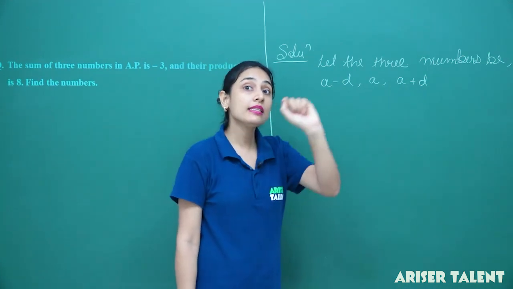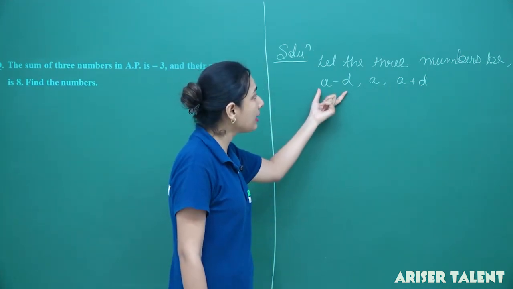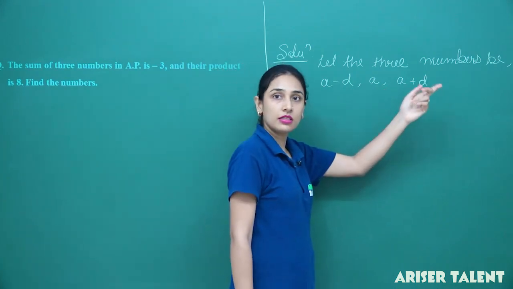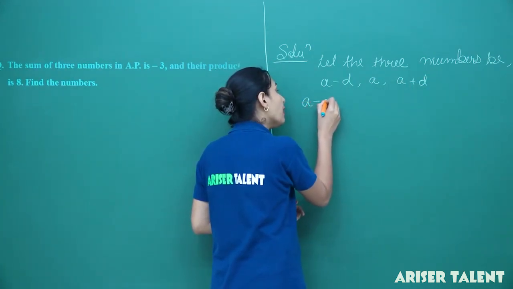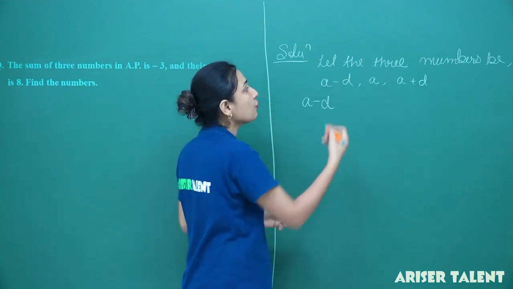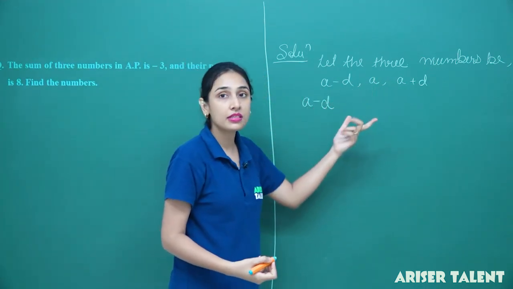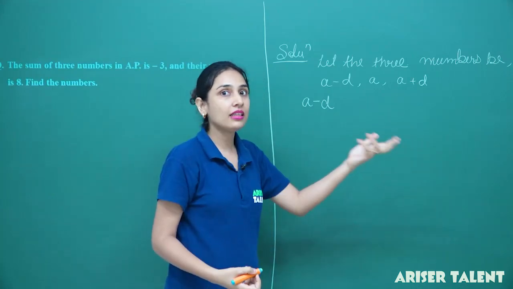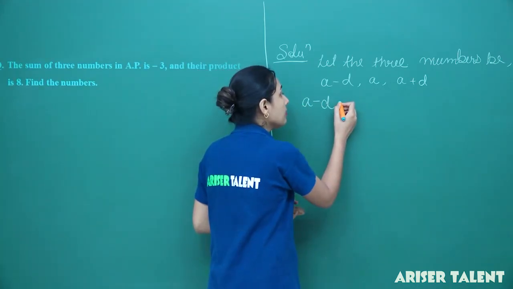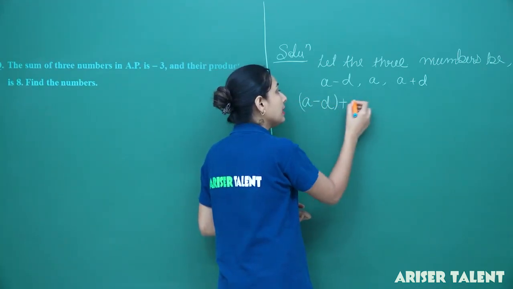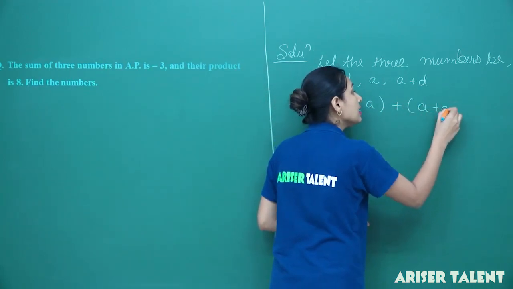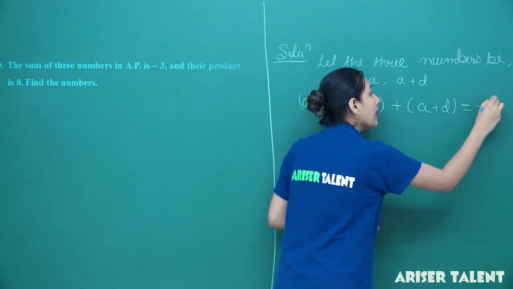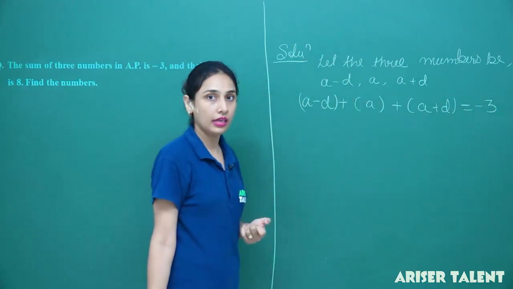If the sum is -3, that means this term plus this term plus this term equals -3. Okay. You will get to know why we are taking this in this form, A minus D, A, A plus D. This is the first term, then the second term A and the third term A plus D, and the summation is -3, right?